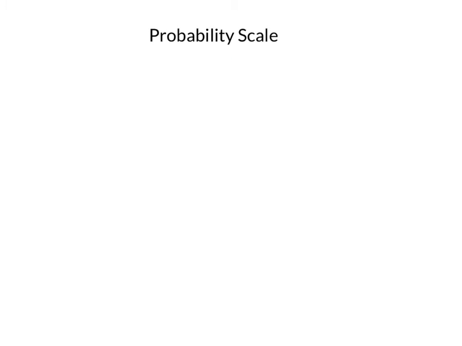It's also really important that we're familiar with the probability scale, which is a scale that goes from 0 to 1. So 0 is when something is impossible, and 1 is when something is certain.